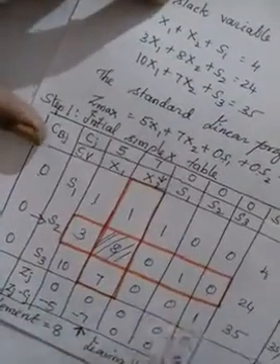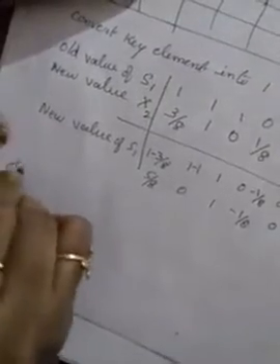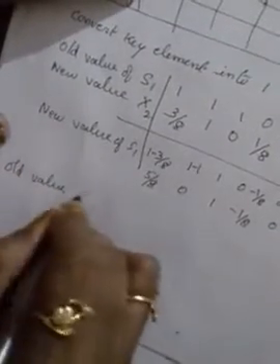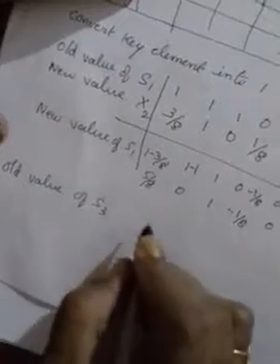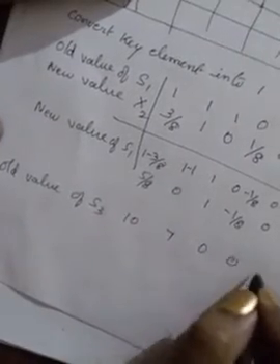Now we have to change this value. So what is the previous value? It is 10, 7, 0, 0, 1, isn't it? So I am going to write down the calculation part here. The old value of S3, isn't it? S3 is 10, 7, 0, 0, 1 and the last value is 35.